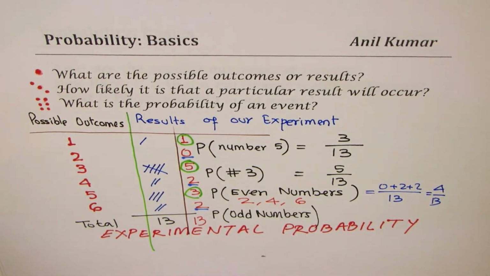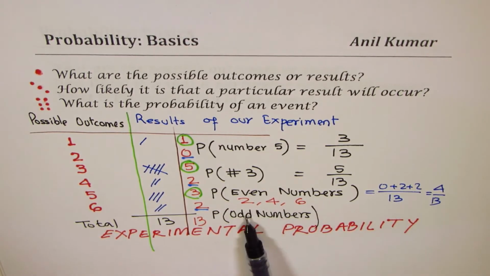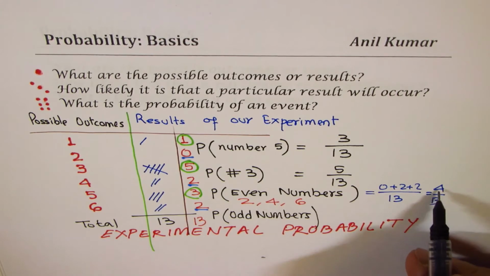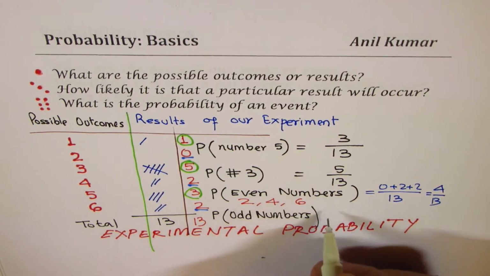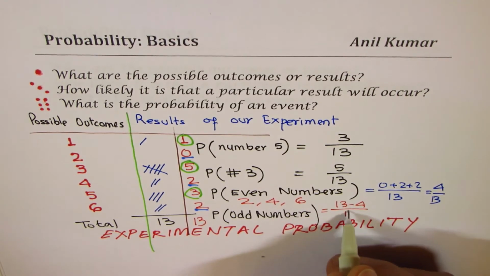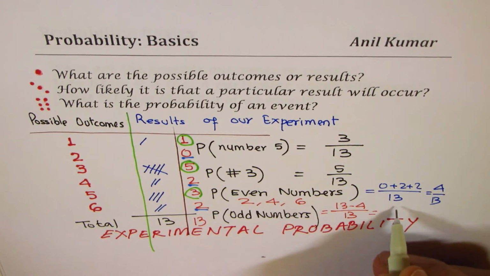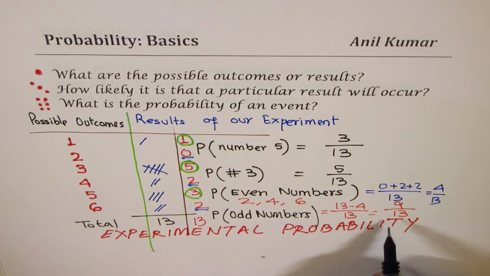The other way is that out of 13, 4 are even, the rest are odd. So we should write here 13 take away 4 out of 13, which is 9. So you should get 9 out of 13 as your result.